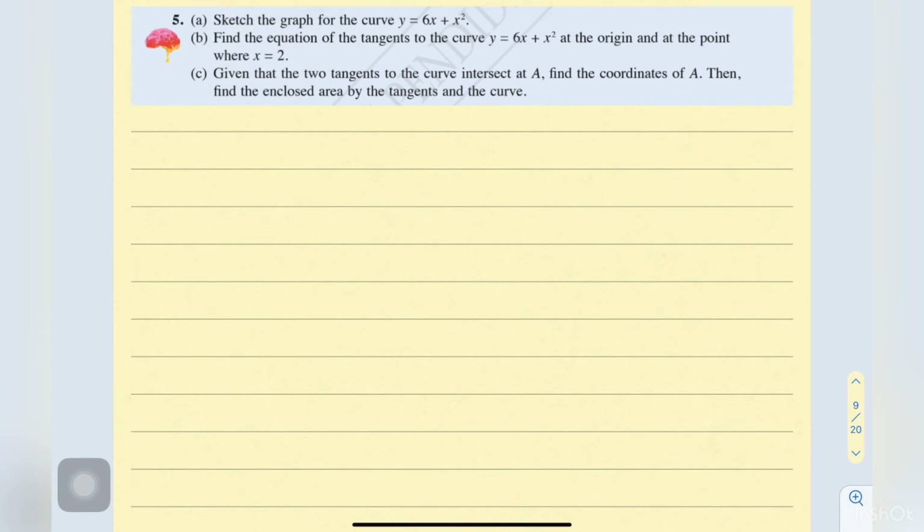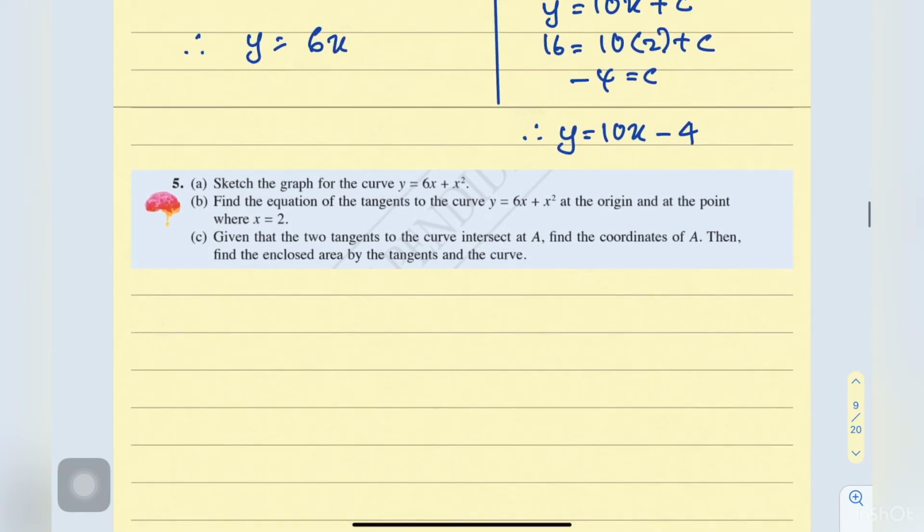5c, given that the two tangents to the curve intersect at A, find the coordinates of A, then find the enclosed area by the tangent and the curve. Just now we have two tangents, y equals 6x and y equals 10x minus 4. A is the intersection point of these two tangents, so to find it, you solve these two equations simultaneously.